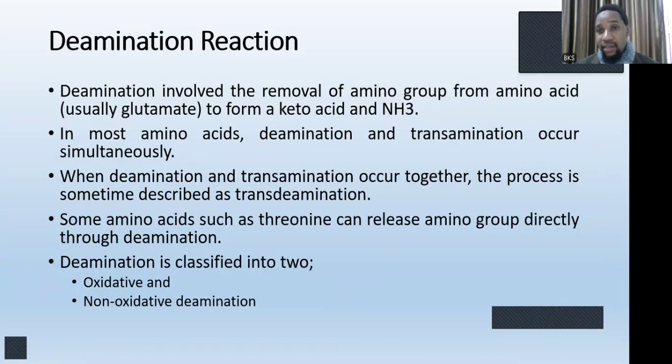The keto acids, depending on the nature of the amino acids, if glucogenic, can be used to synthesize glucose. If ketogenic, can be used to synthesize fat.